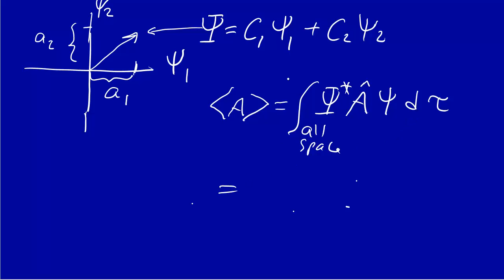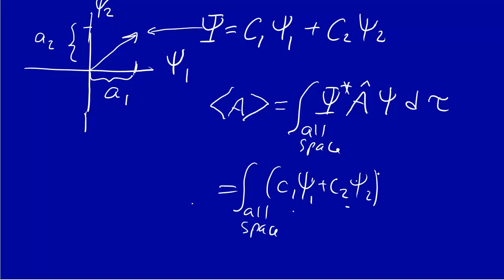We're going to put that up there. And so this will be the integral, over all space for now, of C1 psi 1, now this is the lowercase corresponding to the vectors along here, plus C2 psi 2, complex conjugate, times the operator times C1 psi 1 plus C2 psi 2.